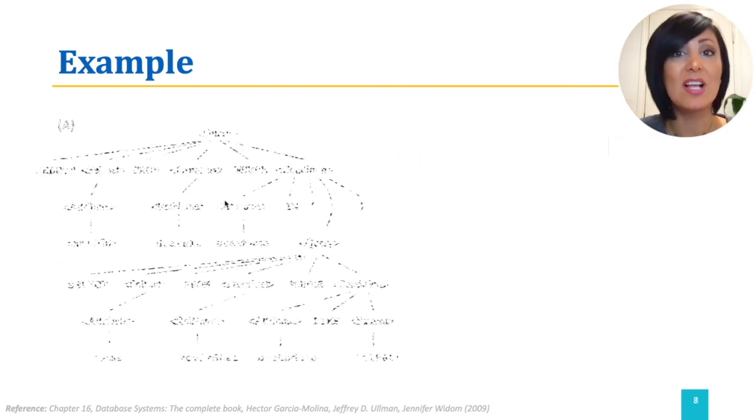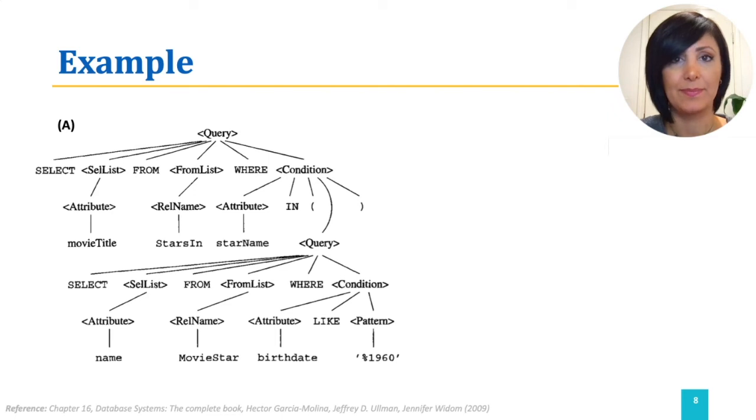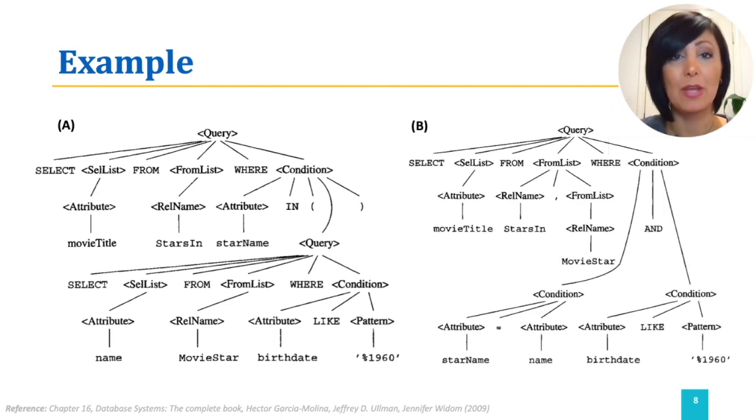Query A results in parse tree A, and query B results in parse tree B. If we name the root level level 0, which is the syntactic category query, in both parse trees, the first level is the query expression we defined in slide 5.